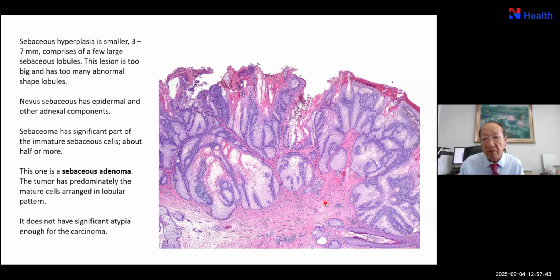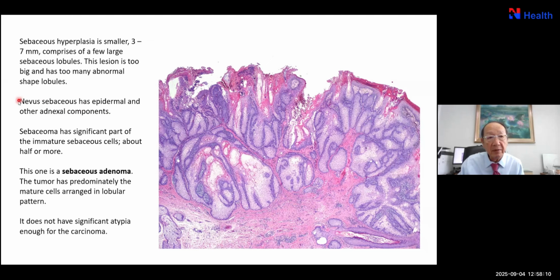So it's not hyperplasia. Can it be nevus sebaceous? Nevus sebaceous has epidermal and adnexal components. The nevus sebaceous in an infant, in a young adult, and in an older adult, they look different.